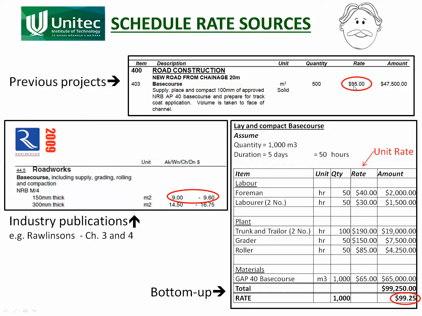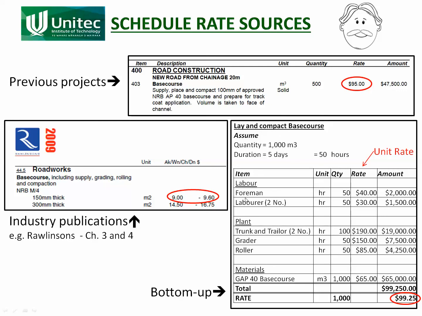So you pull that price out there. You might look at that and say, well, this project happened a couple of years ago, I need to up this because inflation means that it's probably a bit more expensive to build a road now. You might look at it and say, well, my project is only about 50 cubic meters, so economies of scale would dictate that I need to put that rate up a bit more as well, because this is for 500. So you need to adjust it for time and size, and we'll talk about that in later slide casts.